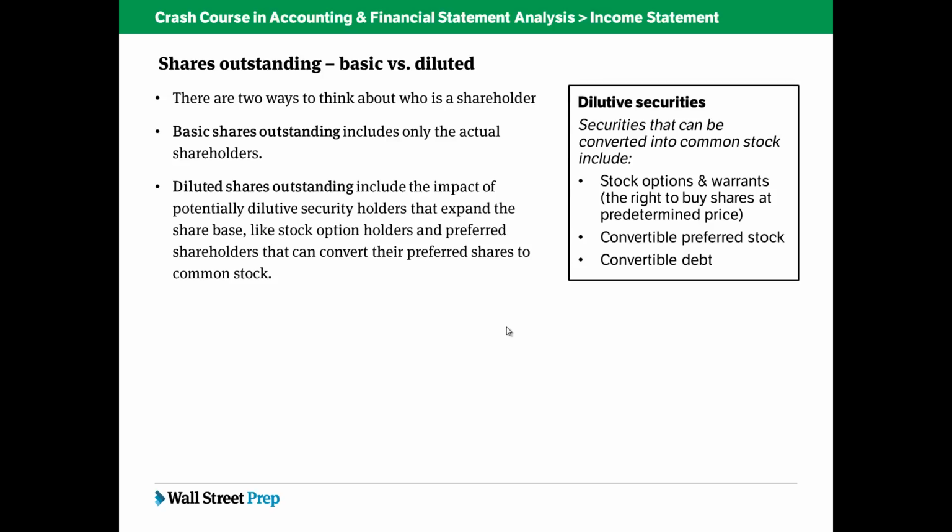That represents basic shares. But a more important and more useful concept in terms of how to think about shares outstanding is diluted shares outstanding. Diluted shares outstanding includes the impact of potentially dilutive securities that expand the share base, things like stock options and preferred shares. These are securities that the holders can convert into common stock, sometimes at any moment.